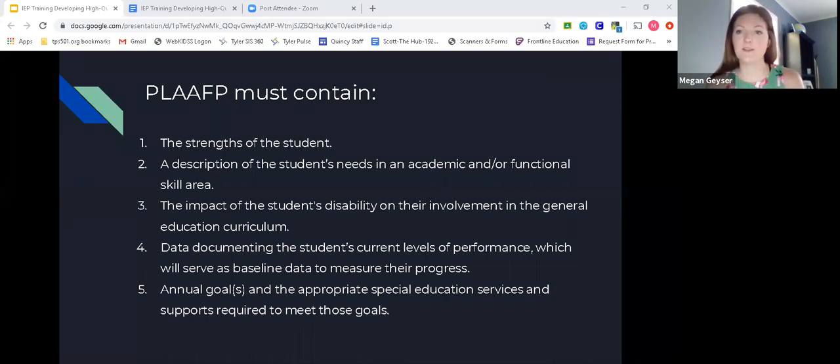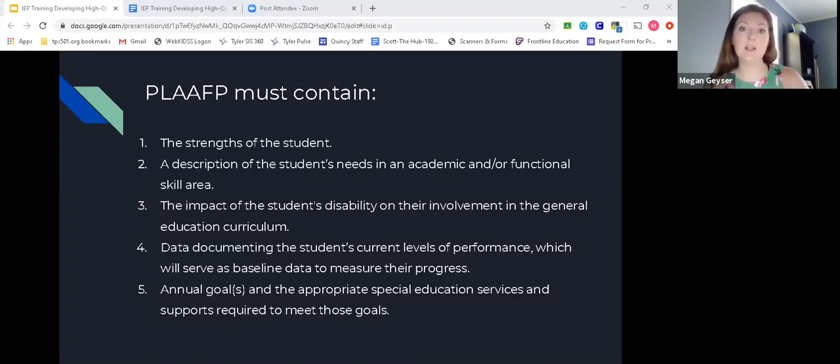They have a great sense of humor, or they have a great smile. They're always willing to try their best. Those are all really great personal strengths that I think are very important to put in here, because that can play on how we can support them with reinforcements, how we can support them with a positive behavior plan if needed.